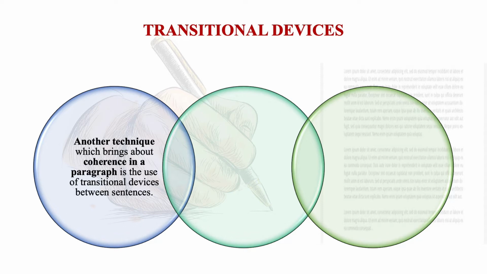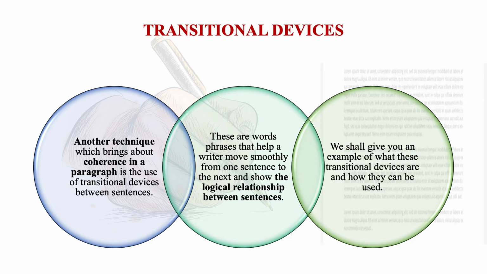Transitional devices are the use of various words and phrases between the sentences. These are words and phrases that help a writer move very smoothly from one sentence to the next and show the logical relationship or the logical connection between the sentences.